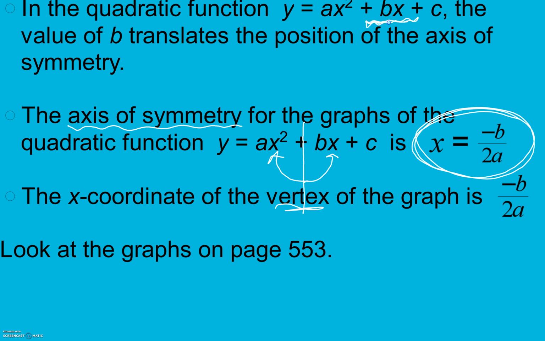Here we have that bx term, and because of that b value, it shifts it left and right. And the bigger the b value, the further left and right it goes. We can see that with our second and third graph, with the minus 4x and the minus 6x. The 2x squared stayed the same on both of those. The only thing that changed was that b value, and it shifted it further and further left and right.